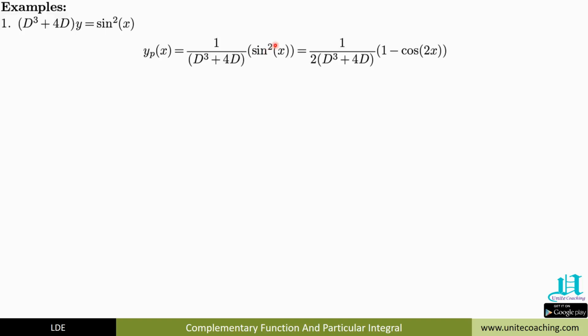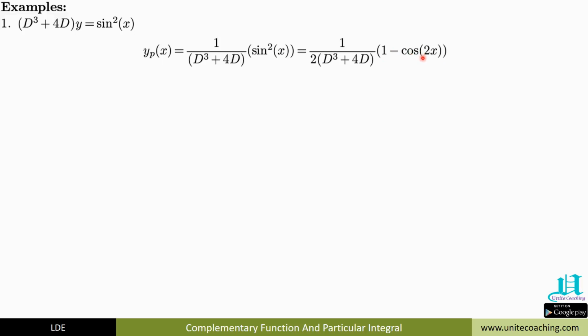So we know that cos of 2x is equal to cos squared x minus sine squared x, right? And that cos squared x we can write as 1 minus sine squared x. So sine squared x will become 1 minus cos 2x divided by 2, right? Now we will apply this 1 upon p of D onto this function.